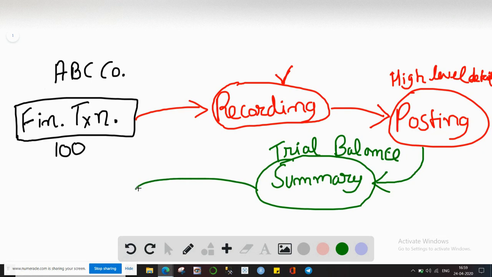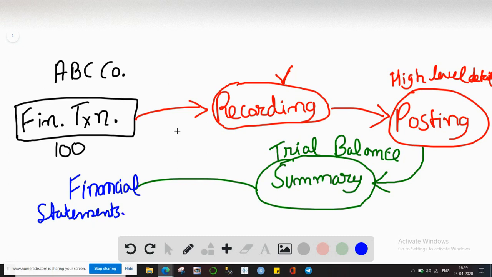Followed by that, what do we get? We get the financial statements. Financial statements are themselves a very summarized form, summarizing thousands and we can say billions of transactions into a single variable.